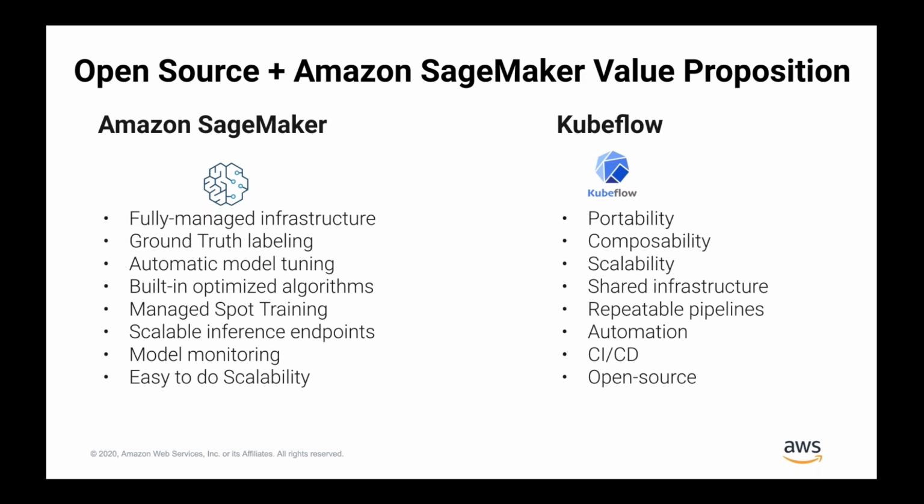And also you get the latest updates and framework capabilities and also first-party algorithms that are included with SageMaker. And of course, you still get the portability, flexibility, and integration with existing CI/CD tools, and also the open source native composition of your stack through Kubeflow.